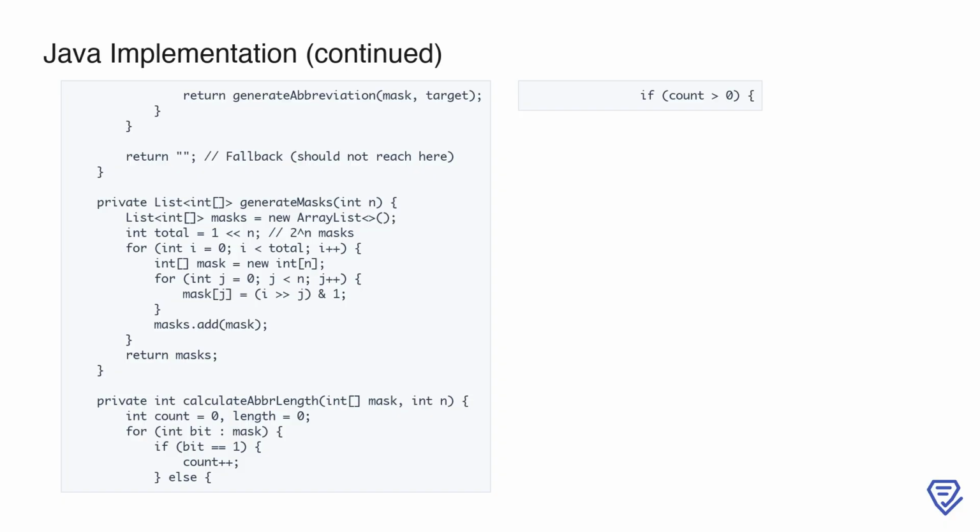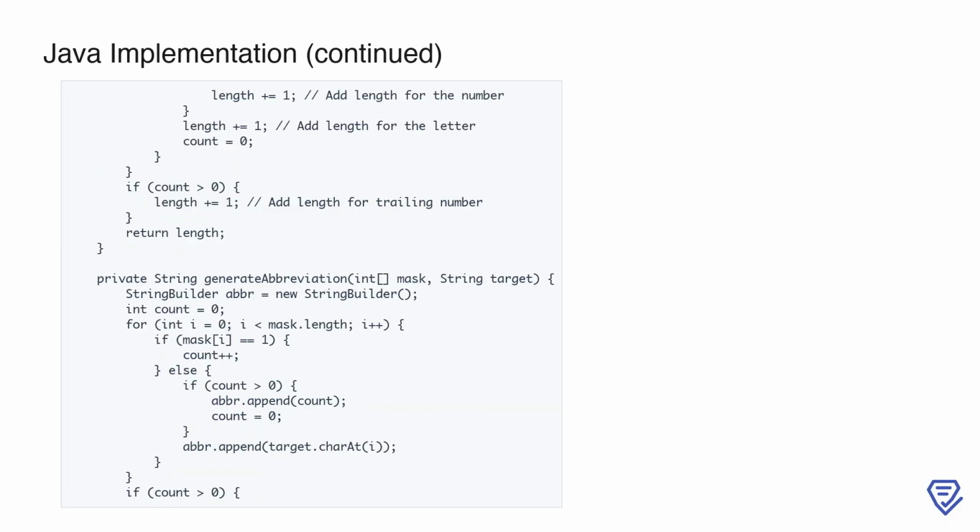Additionally, the calculateAbbr function is introduced to compute the effective length of an abbreviation for a given mask. This function plays a crucial role in sorting the bit masks by abbreviation length. Here, we continue with the calculateAbbr function, which determines how long an abbreviation would be based on the bit mask applied to the target word. The function iterates over the mask array and calculates the total length of the abbreviation.